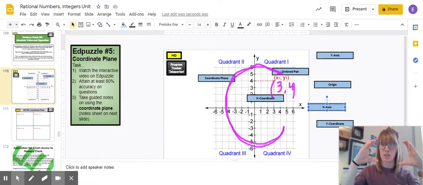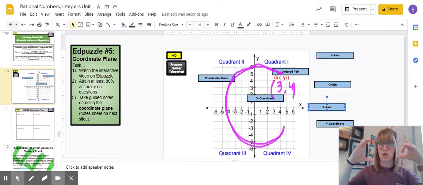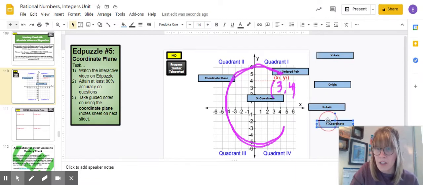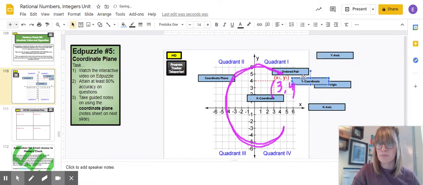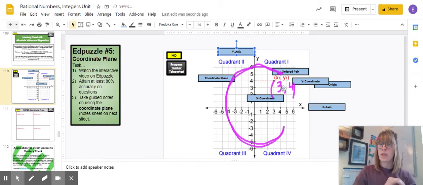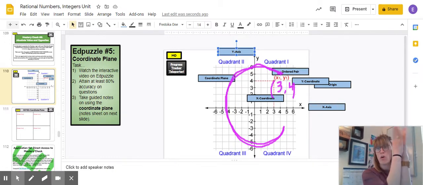X comes first. X-axis, x coordinate. Then you also have the y coordinate. The y coordinate comes second. In this case, it's the 4. We have to travel up the y-axis to get there. So we go along the x-axis and up the y-axis.